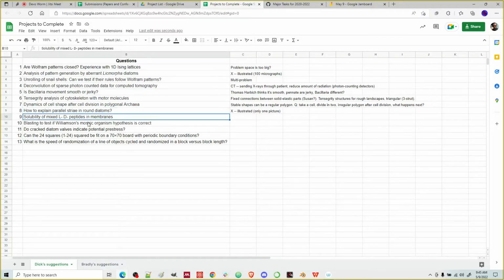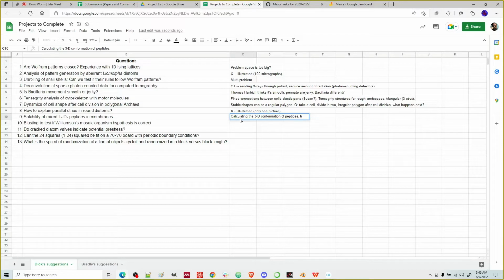Then we have this project, Solubility of Mixed LD Peptides and Membranes. This is a little bit sophisticated because we need somebody who is familiar with calculating the three-dimensional conformation of peptides, which are short proteins, and doing it in the hydrophobic environment of a membrane.